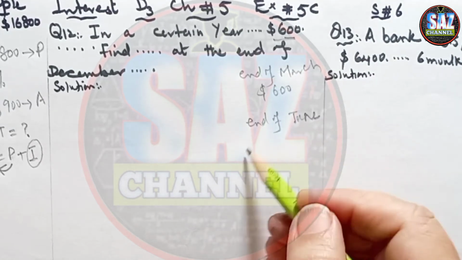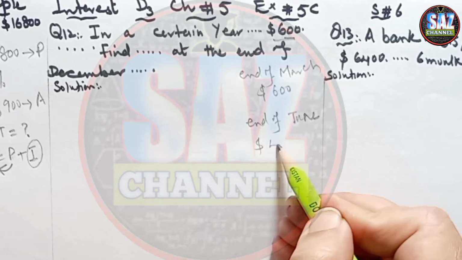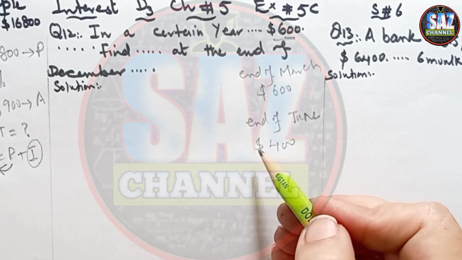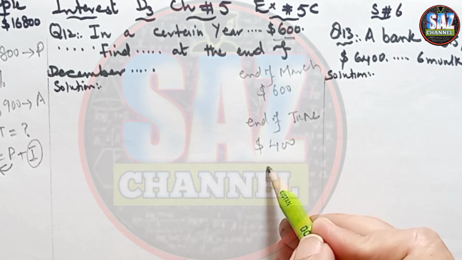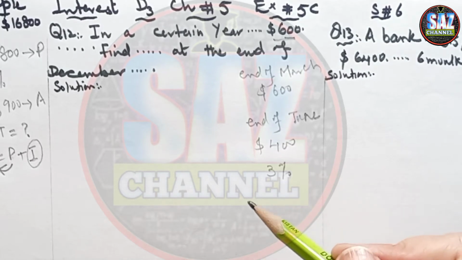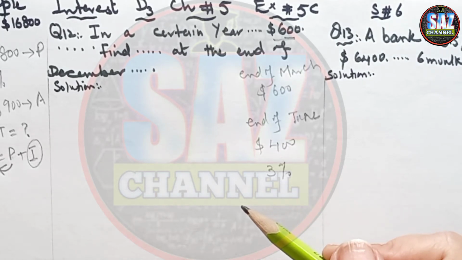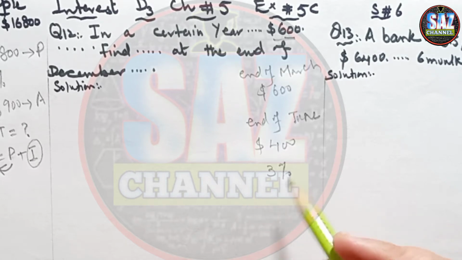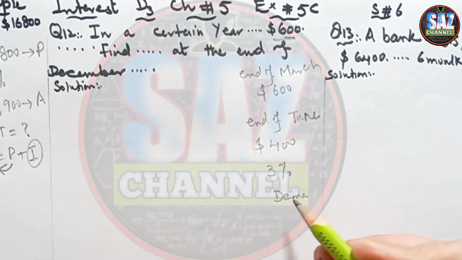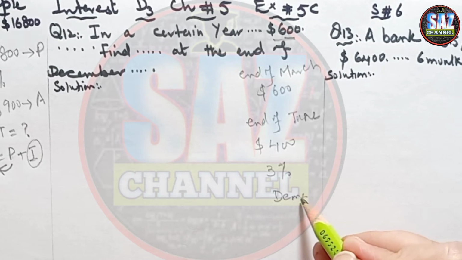The bank offers 3% per annum simple interest, the same rate for both investments. Find the total amount that James receives from the bank at the end of December in that year.